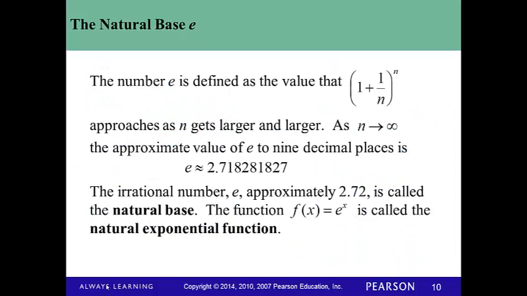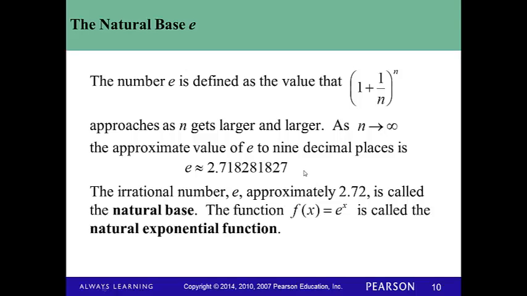Okay. So now let's talk about the natural base e. e is named after Euler, who is a mathematician. The number e is defined as the value that 1 plus 1 over n to the nth power approaches. This right here is added information for you. As n gets larger and larger, this thing approaches e, which is this non-ending, non-repeating decimal.